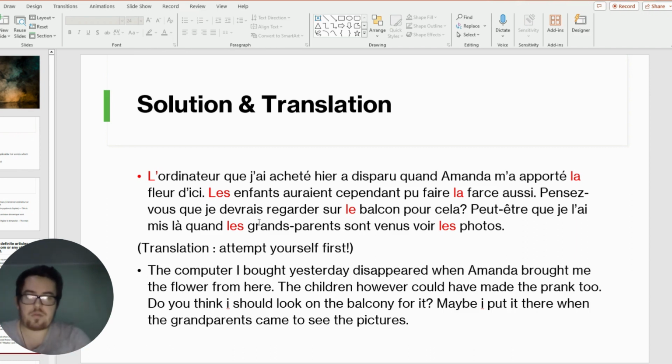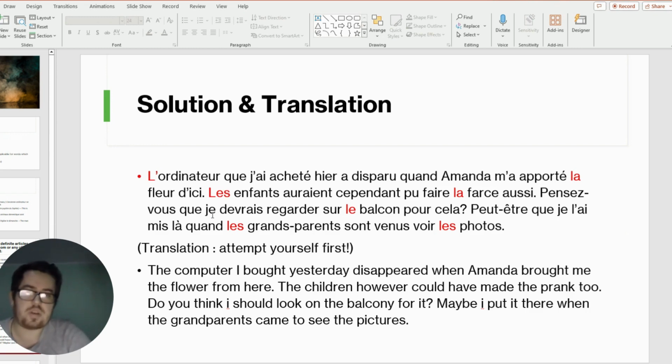Another way to do it is to use est-ce que. Est-ce que vous pensez que blah blah blah, whatever comes after that. Or another one is to use the inversion with a line between it, right? Pensez-vous. So first you'd have the verb, then you'd have the subject, and those are tied with a line between them. Pensez-vous. Do you think?